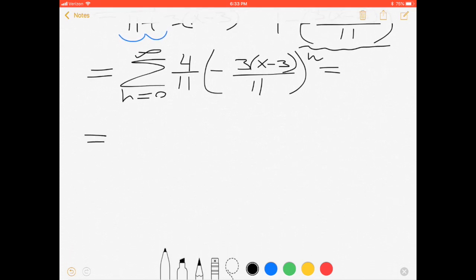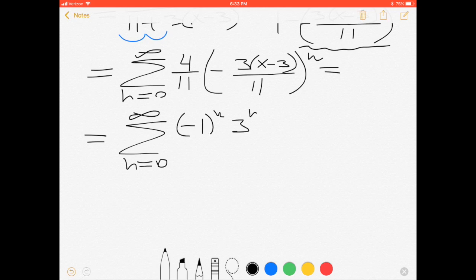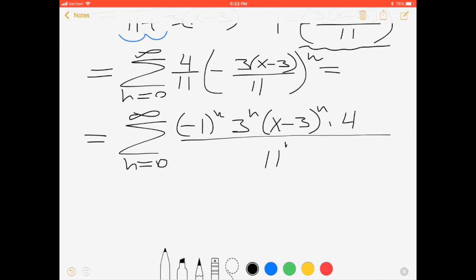Continue, and we have the series from 0 to infinity of negative 1 to the power n, 3 to the power n, (x minus 3) to the power n, times 4 over 11 to the power n plus 1.